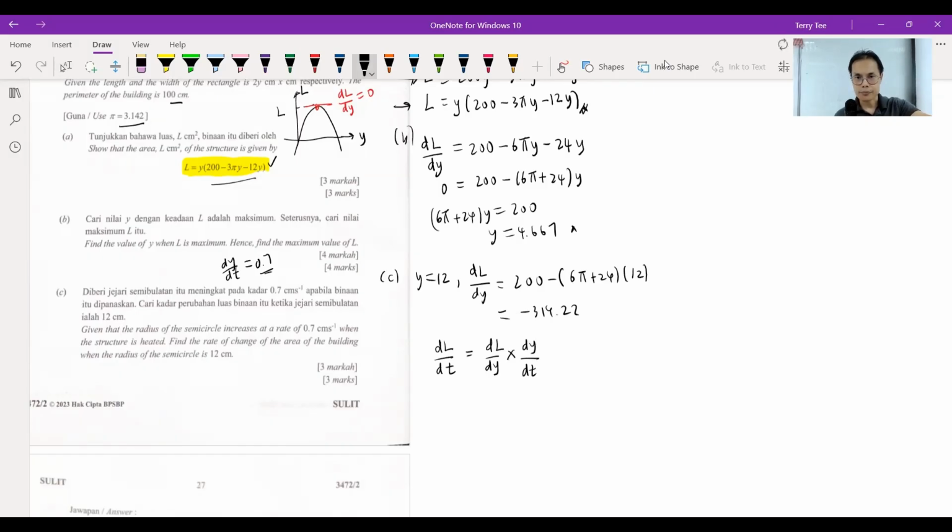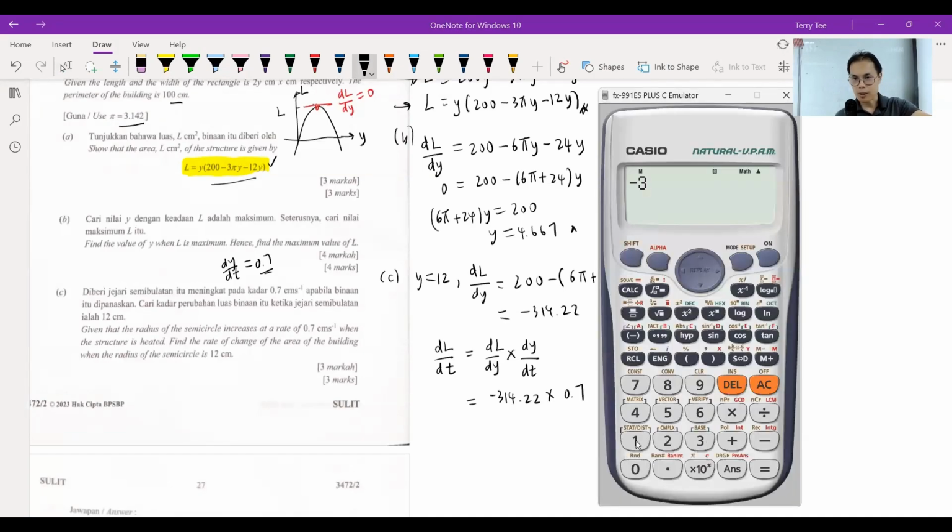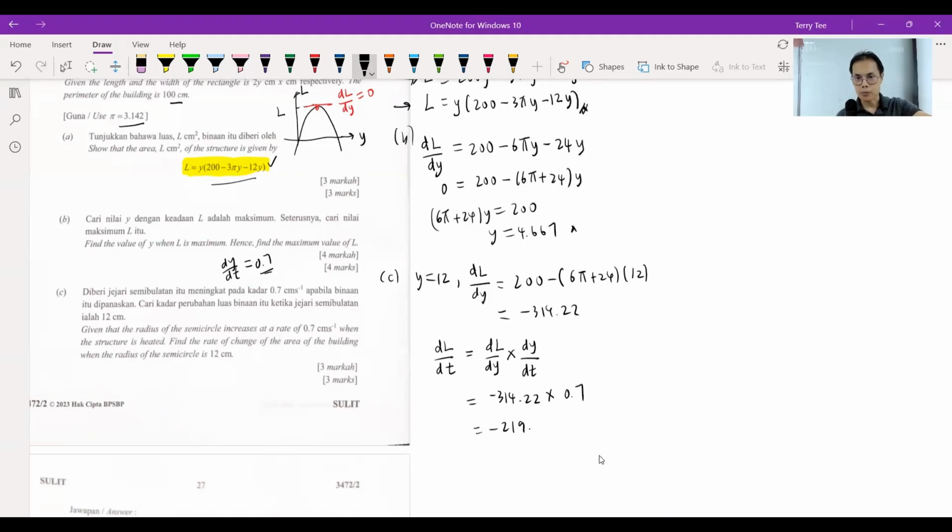Your dL/dy is negative 314.22. Your dy/dt is 0.7. Multiply together: negative 314.22 times 0.7 is negative 219.95.